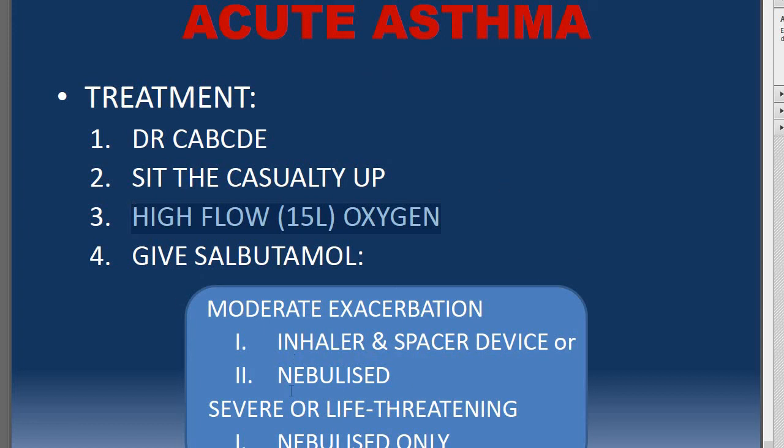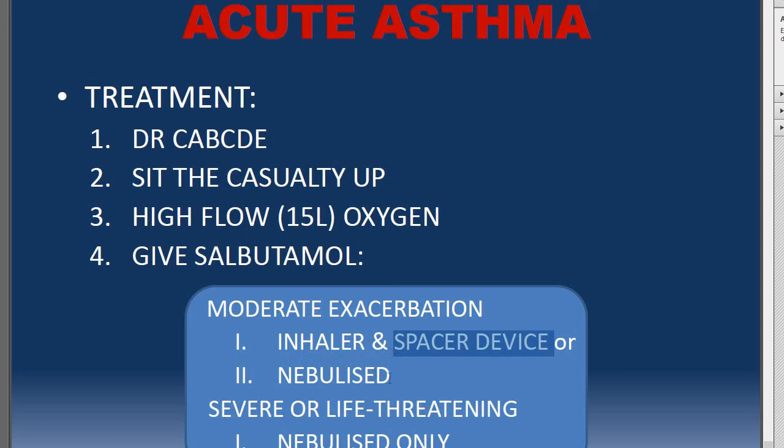We give it in a range of different ways. We give it as an inhaler, which they probably carry themselves, or with a spacer device, which is a really useful technique that can be very effective for children. It's basically a big plastic cylinder. You puff a load of squirts of salbutamol into it via an inhaler, and then they just breathe in and out of that container, and that nicely works.